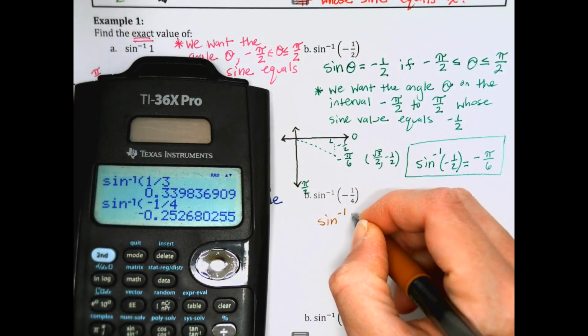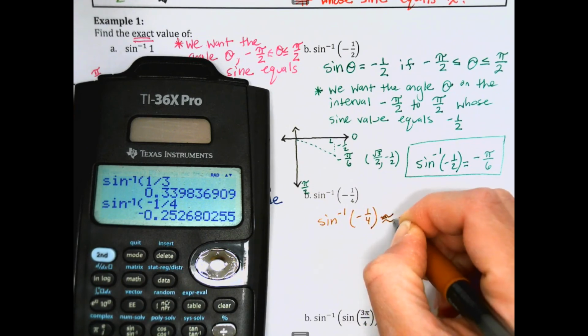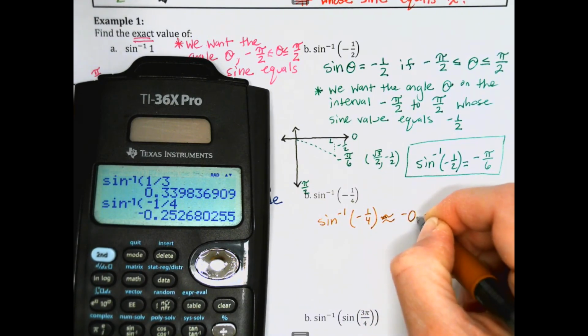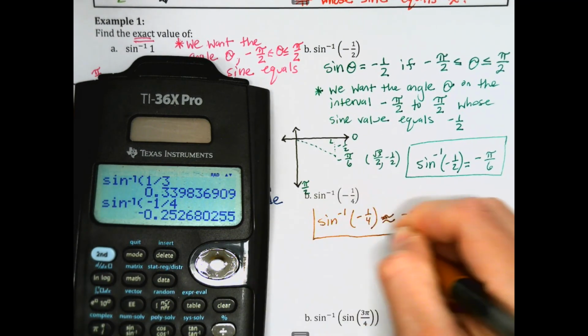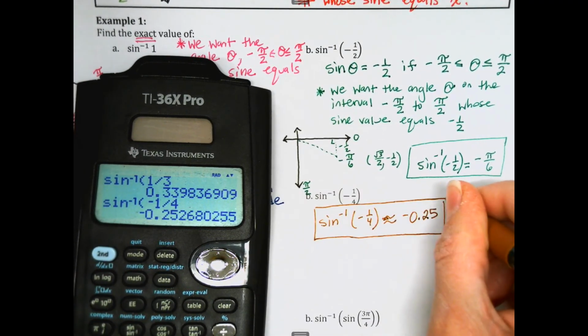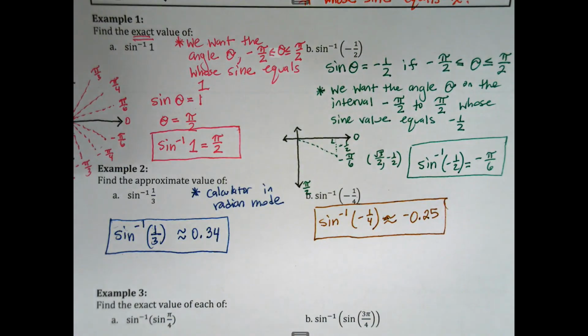The inverse sine of negative 1/4 is approximately negative 0.25. And that makes sense to have a negative output since our input is negative. And we know that sine values are negative in quadrant number 4.